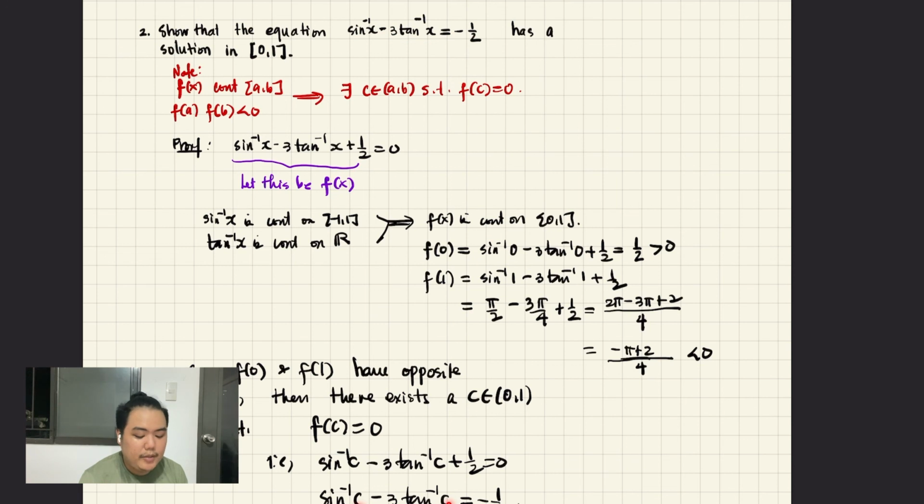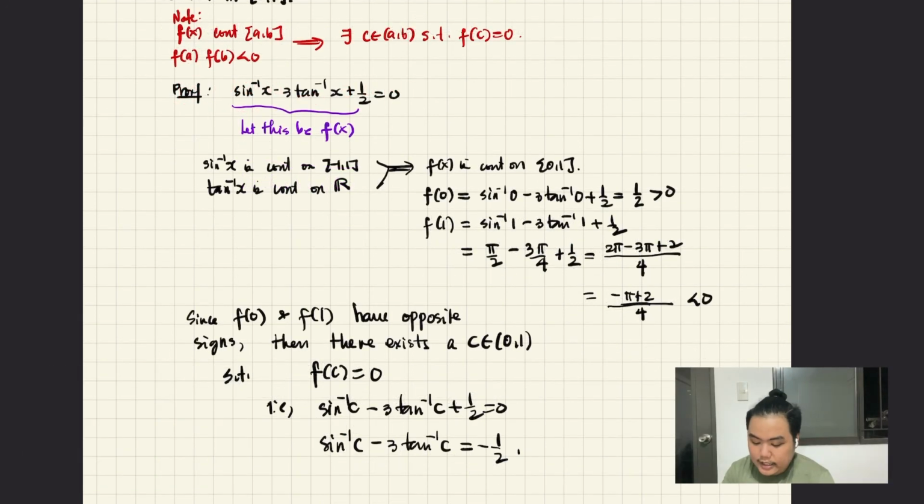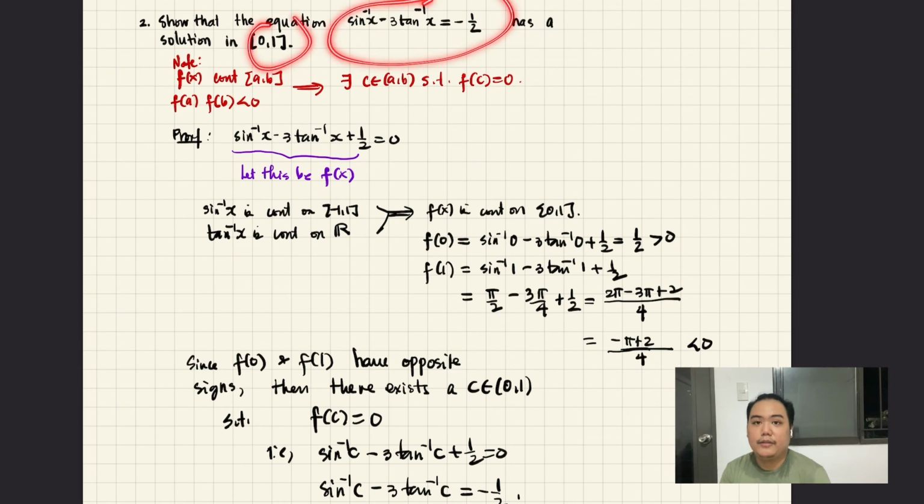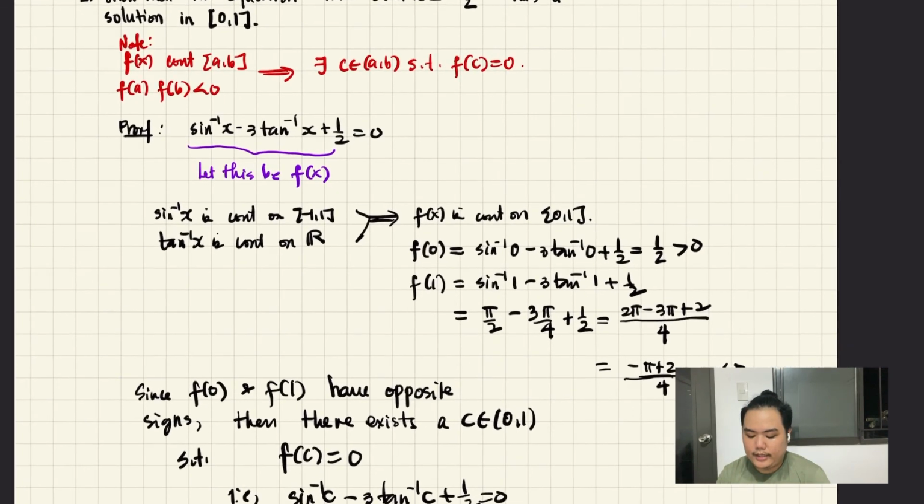That is the c that the intermediate value theorem gives us.